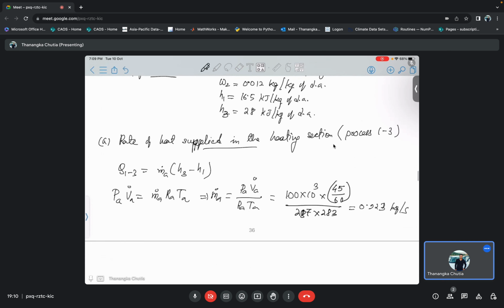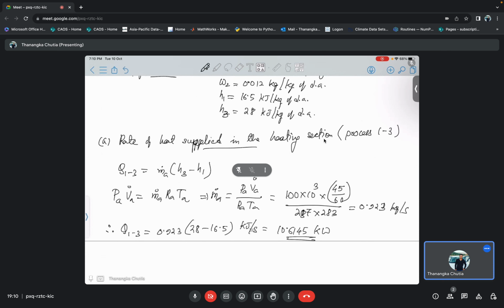Therefore Q1 to 3 is equal to 0.923 into 28 minus 16.5 kilojoule per second. So this is nothing but 10.6145 kilowatt.